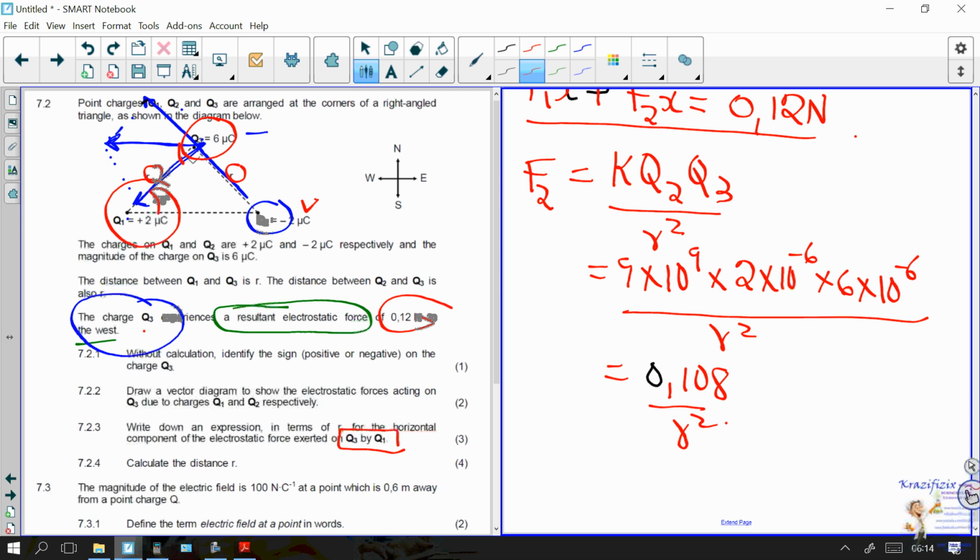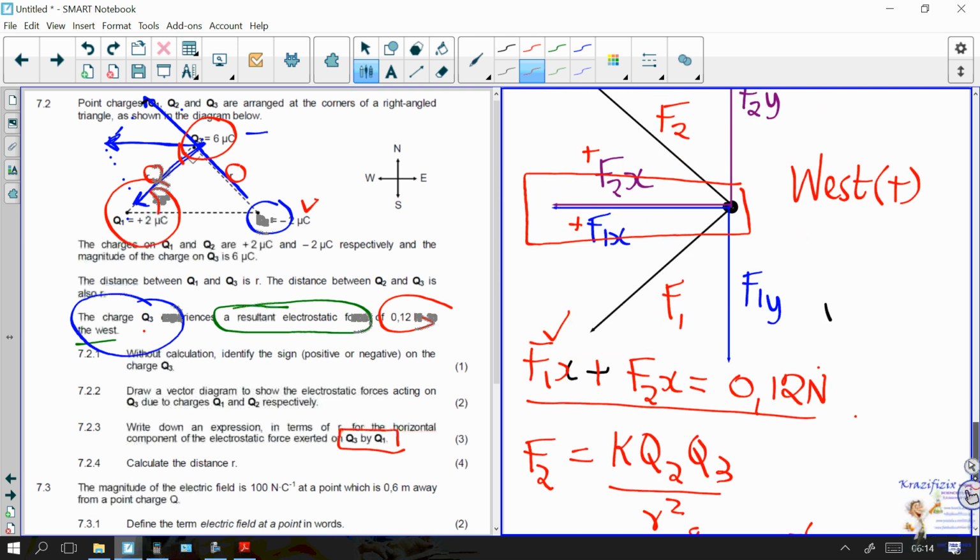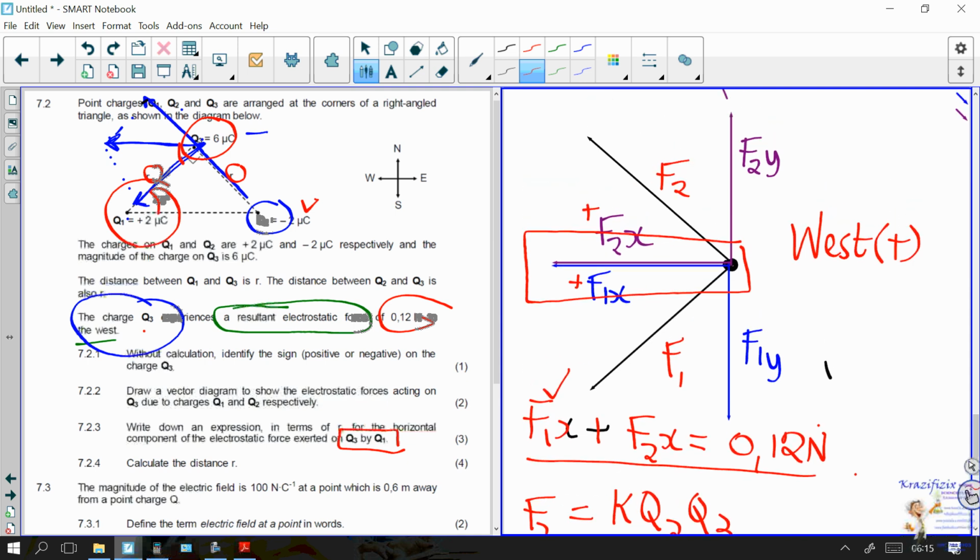But if I were to deal with my component now, what will my component look like? Exactly what we did the other time. Okay, this is my F2, remember? And we are given the angle as 45. It means this angle here is 45.